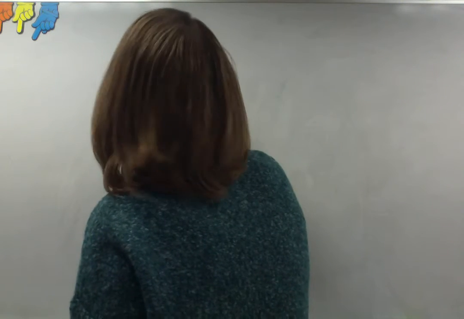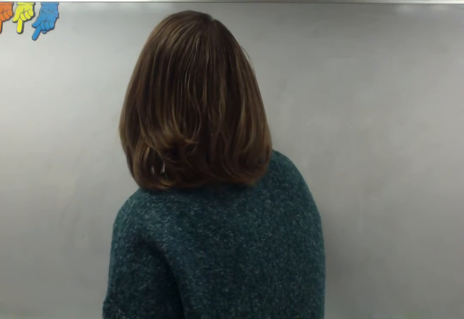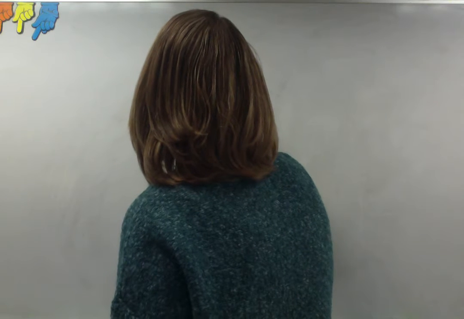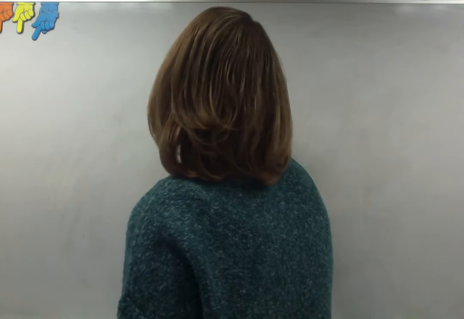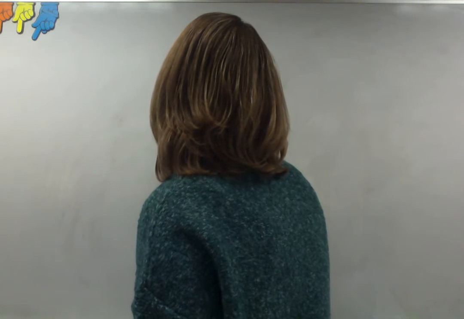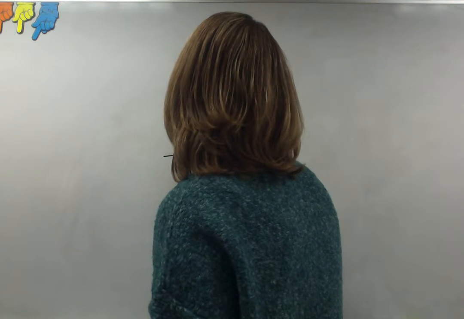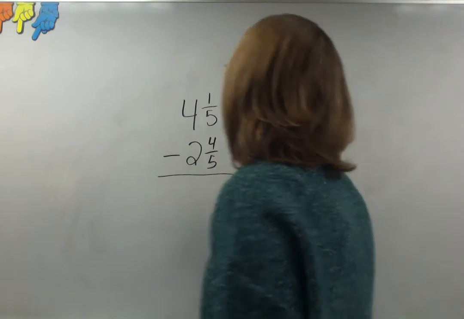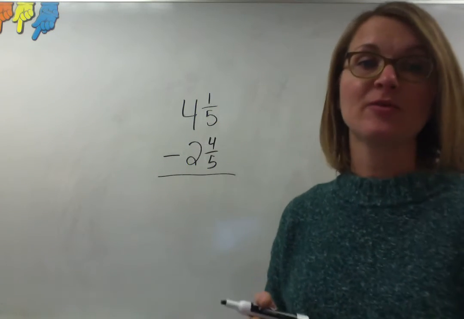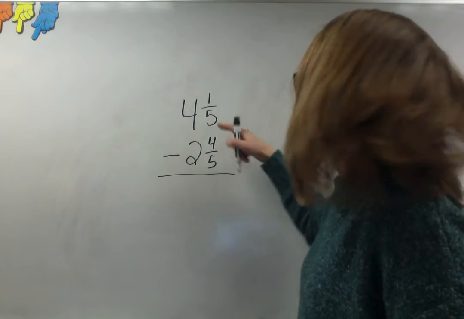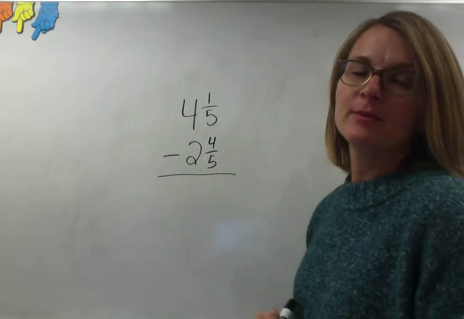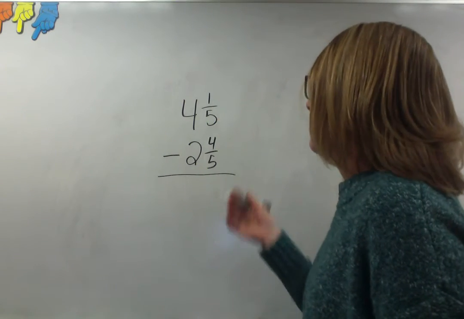So let's say we've got 4 and 1/5 minus 2 and 4/5. So I'm going to be easy on you. I'm going to make my denominators the same from the start, okay? But I cannot subtract 4 from 1. The number on top's got to be bigger. So I need to borrow.